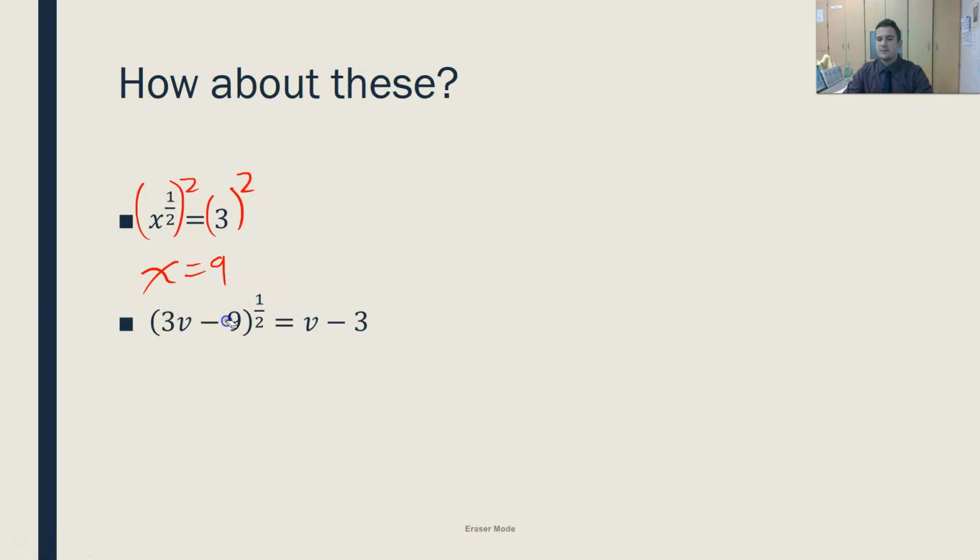Now, how about something like this? This is gonna get a little bit more exciting. So I have 3v minus 9 to the 1/2 power equals v minus 3. Well, I don't want this 1/2 power over here, so everything in these parentheses, if I take everything here and square it, the 1/2 power times the 2 power, those are going to go away and leave me with 3v minus 9. And on the right-hand side, if I square on the left, I have to square on the right.